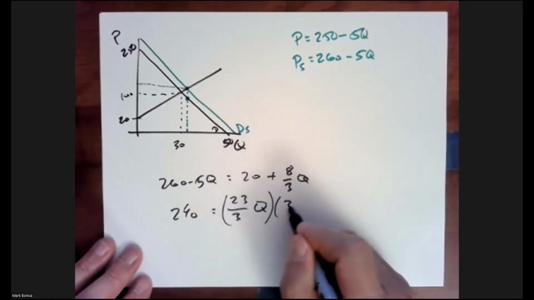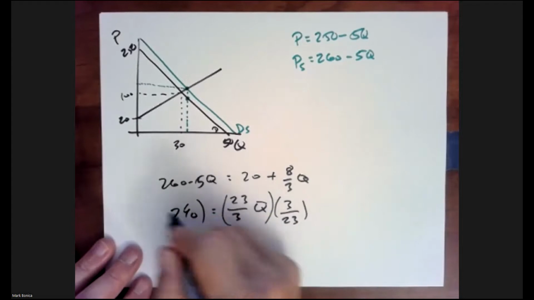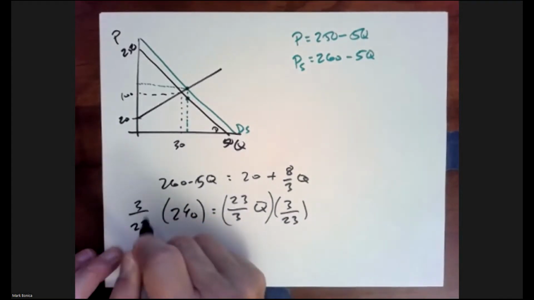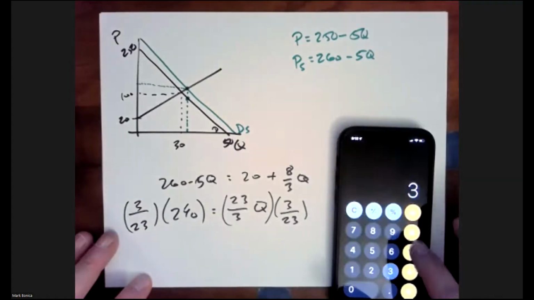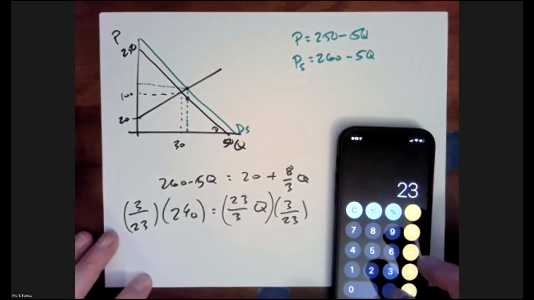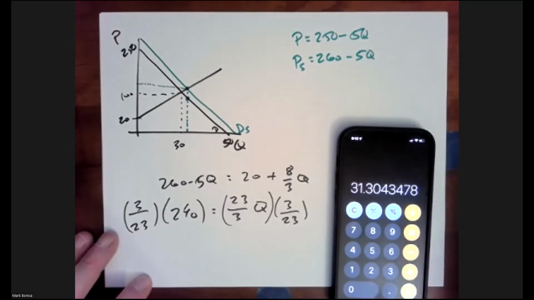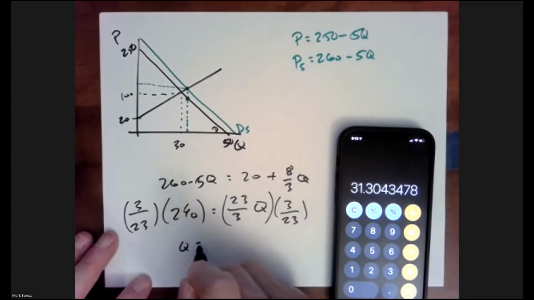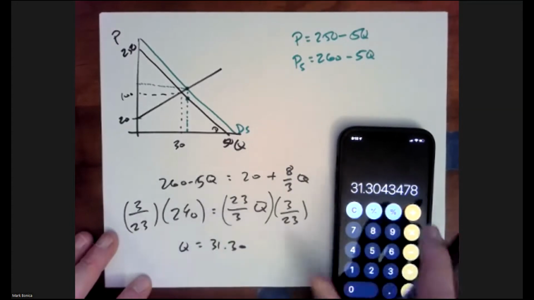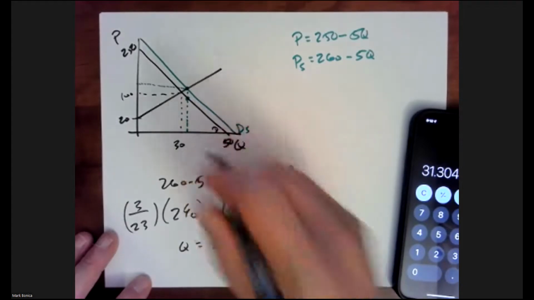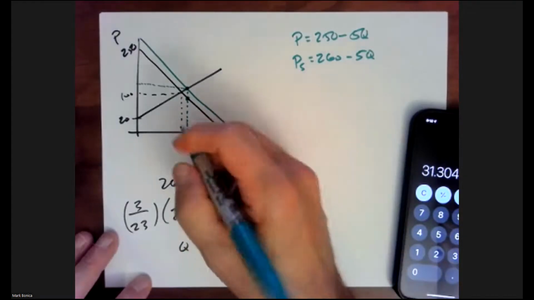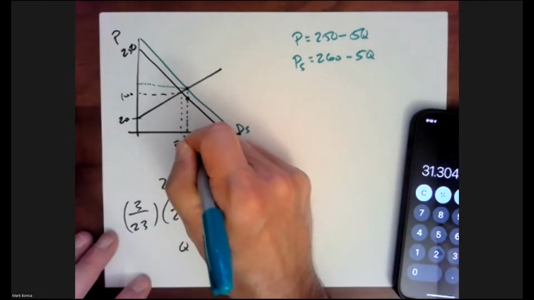So times 3 over 23, I get 3 times 240, 720 divided by 23 is 31.30. So Q equals 31.30, right? Because this cancels, we're just calculating for Q. So the subsidized quantity is going to go up to 31.30.